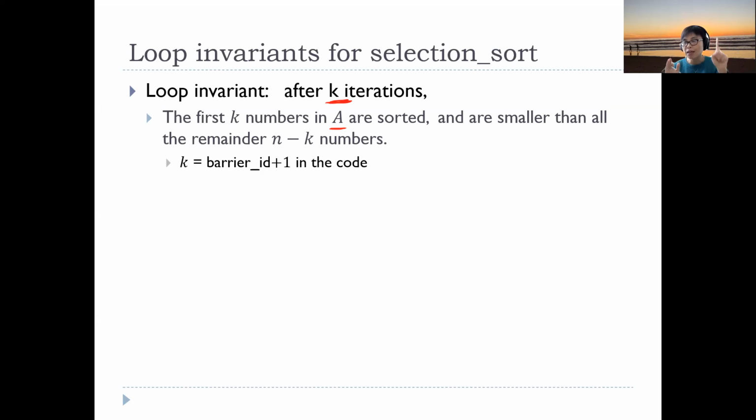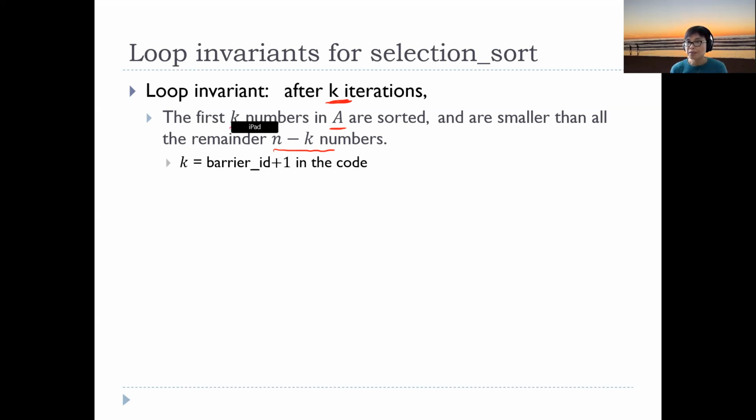That's number one. Number two, not only that, they are also smaller than all the remaining n minus k numbers. Intuitively, this is the case because we repeatedly take the smallest one by one and rearrange them in the array. So whatever we take out, those are all the smallest possible, and the remainder portion is going to be bigger than the first k numbers.